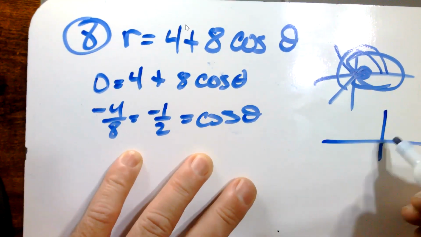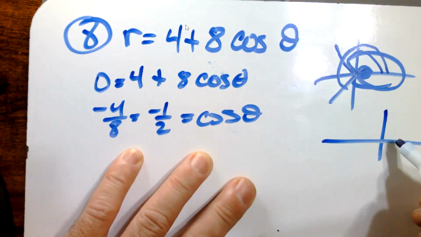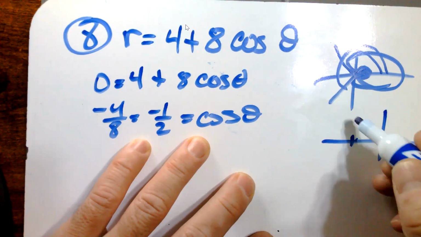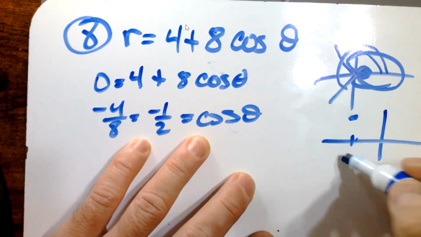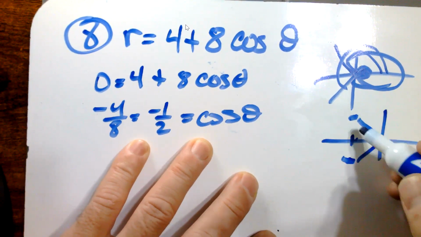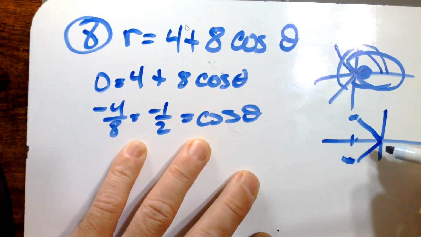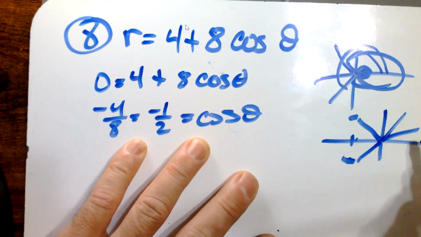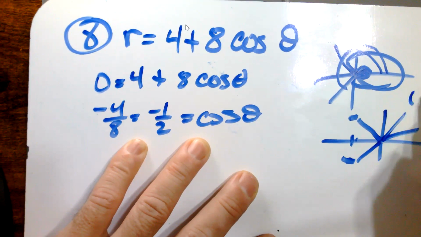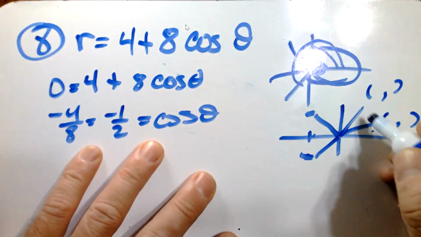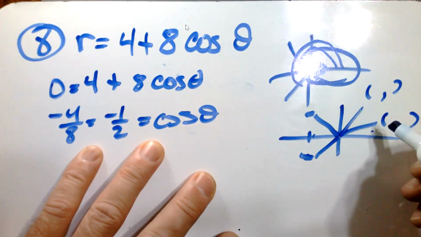Now, when is cosine of theta equal to negative 1/2? If we think about the angles, cosine's your x-coordinate. Where's cosine negative? Cosine's negative in the second quadrant and in the third quadrant, which is perfect because those are the two angles that we need. If you think about the first quadrant as our reference, there are two values, pi over 6 and pi over 3, where you get 1/2.